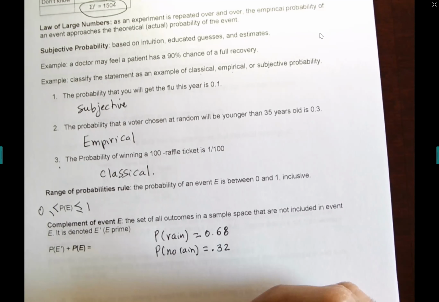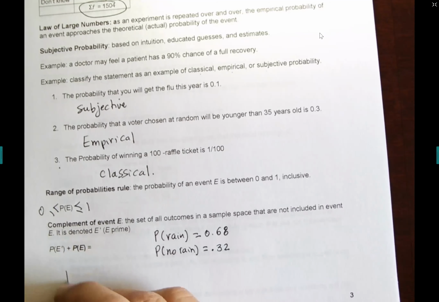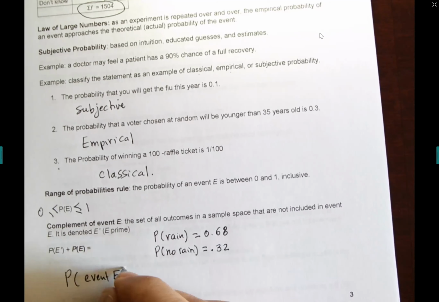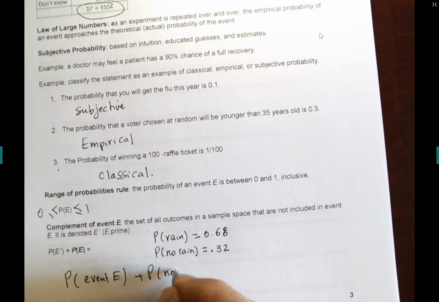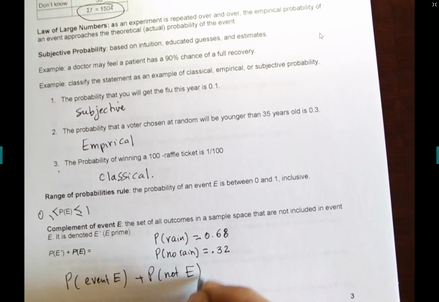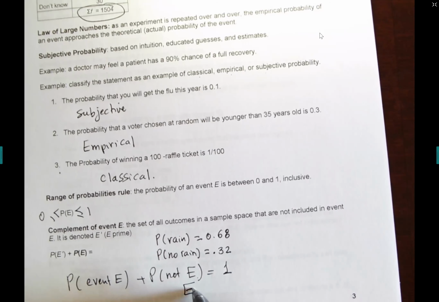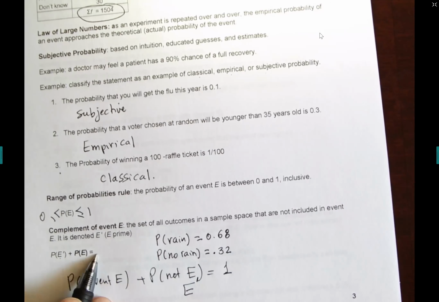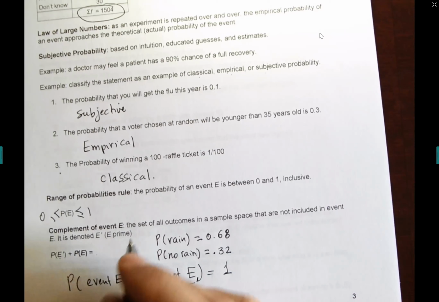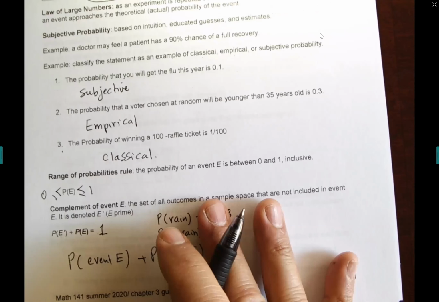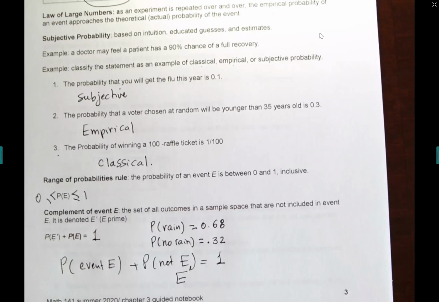That is correct. So here's the conclusion, guys. Probability of event E plus probability of not E, together they should always add to 1. The not E is called E prime in the textbook. So here, probability of E prime plus probability of E, guys, should always add up to 1. So this is a possible question on the test, guys.